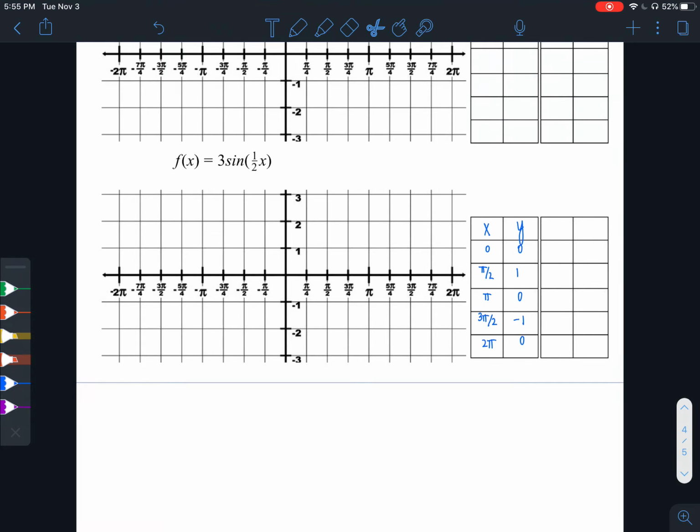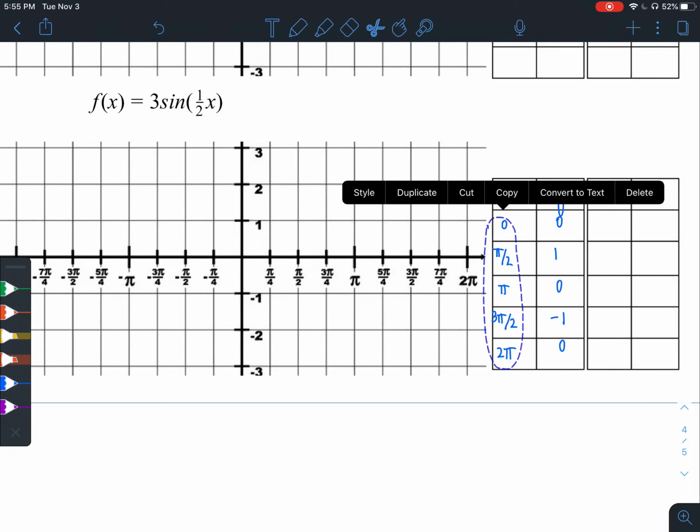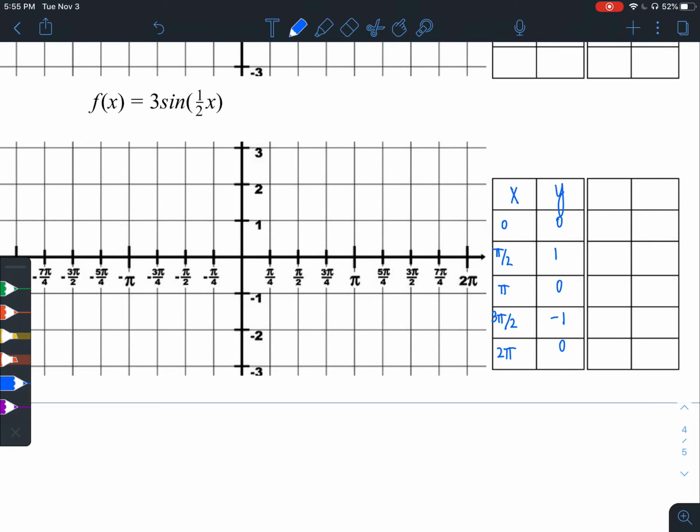Okay, and then we want to transform each of these functions.